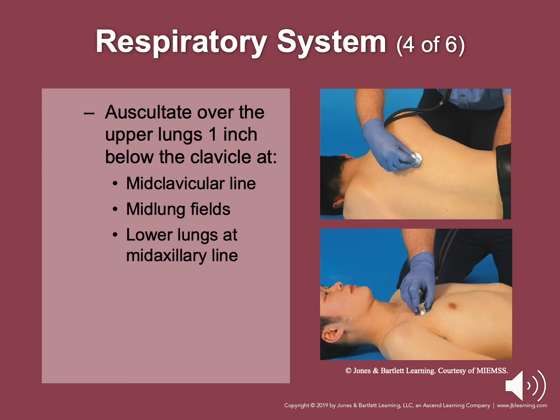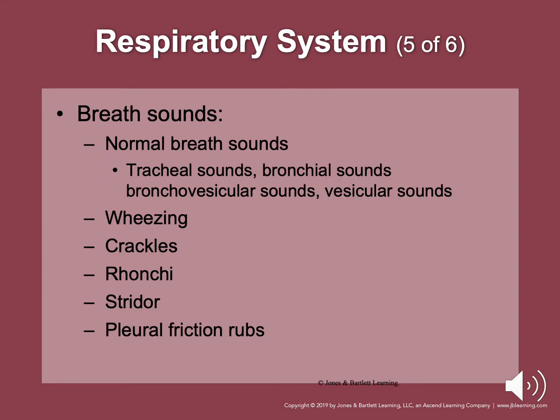Rhonchi are continuous sounds with a lower pitch and rattling quality, indicative of fluid in the larger airways of the lungs. Stridor is a brassy, crowing sound caused by narrowing, swelling, or obstruction of the airway. Pleural friction rubs are a squeaking or grating sound that occurs when pleural linings rub together.